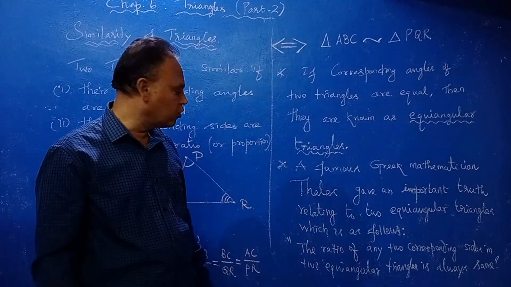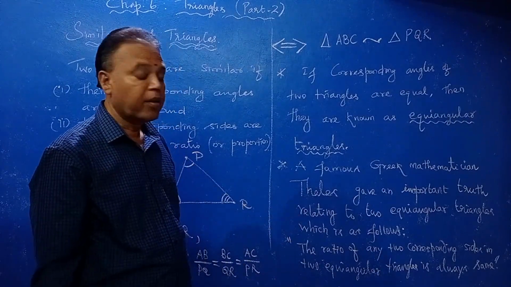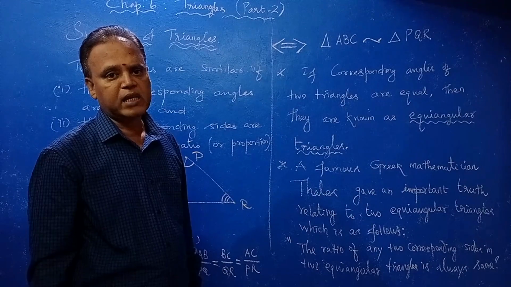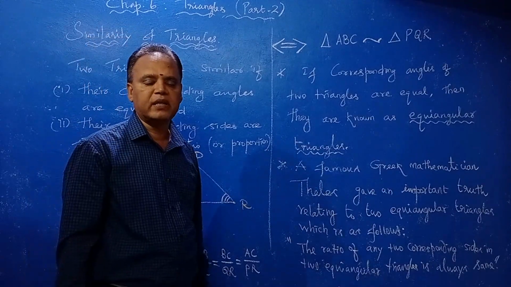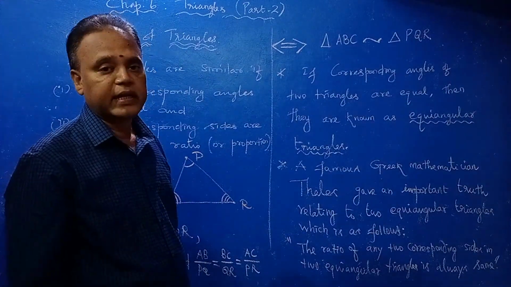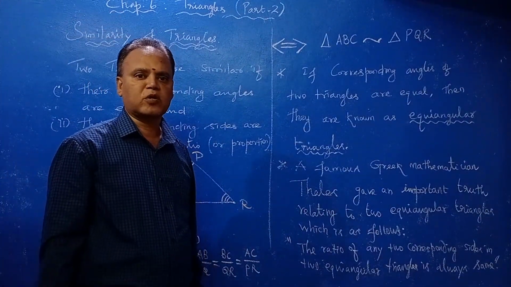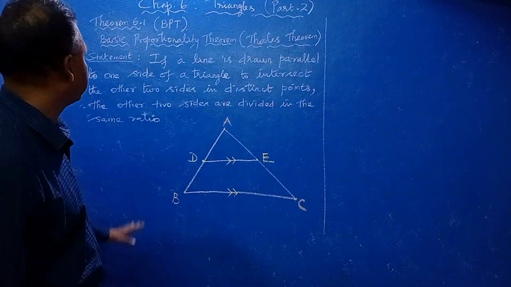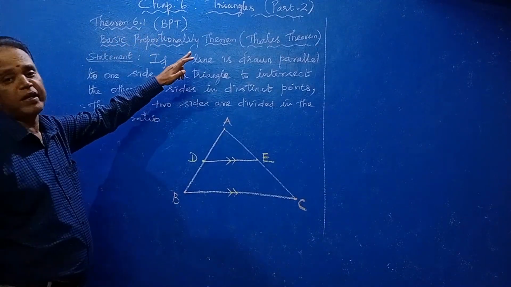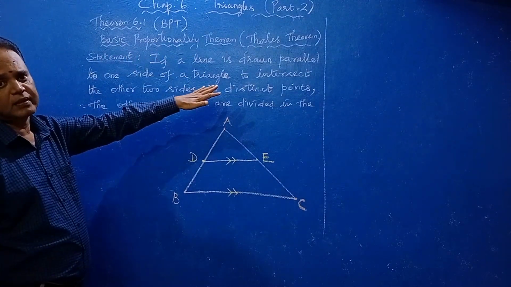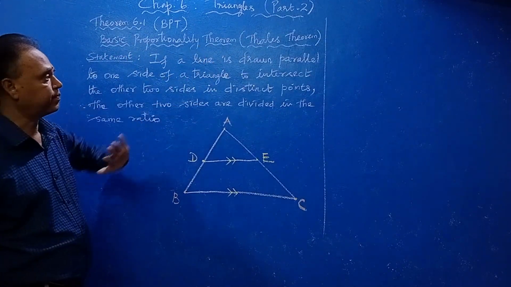He also used a result called the basic proportionality theorem, that is BPT, that is Thales theorem. So next we are going to see this very important theorem. Theorem 6.1, BPT, basic proportionality theorem, called Thales theorem.